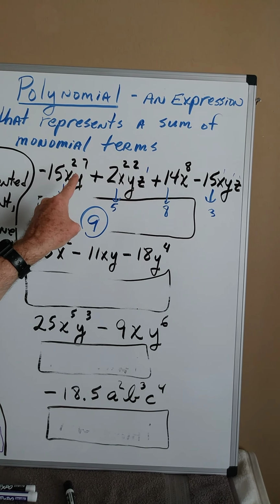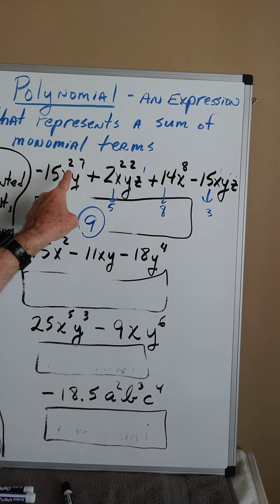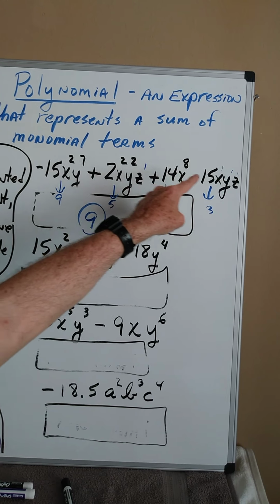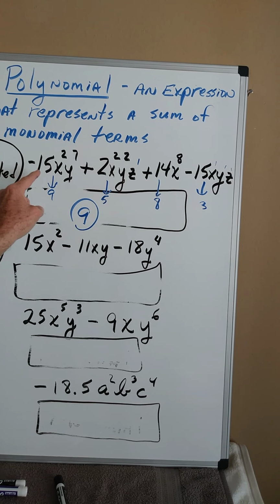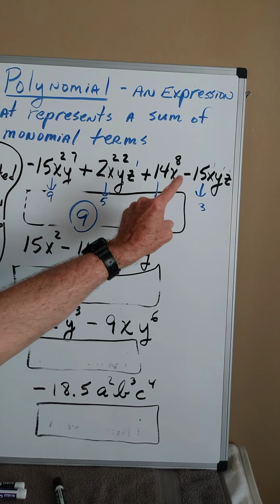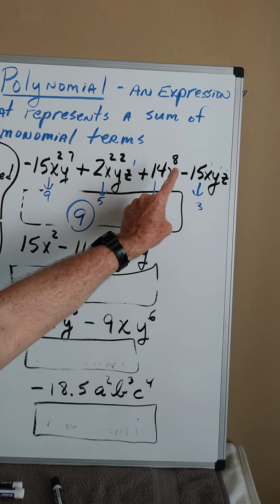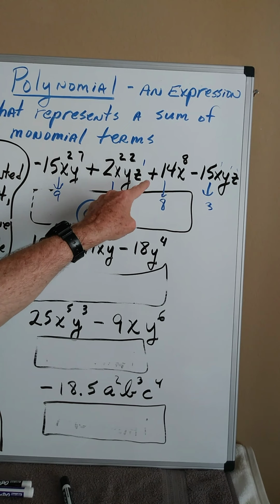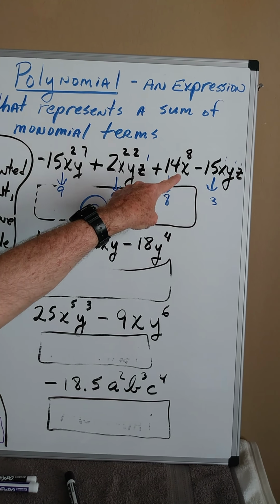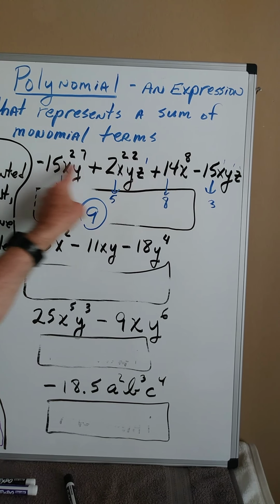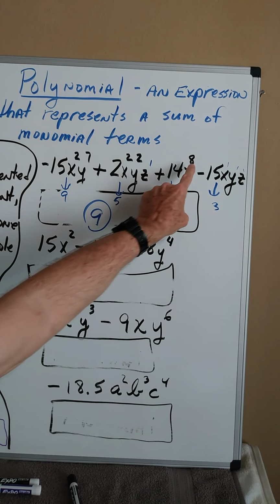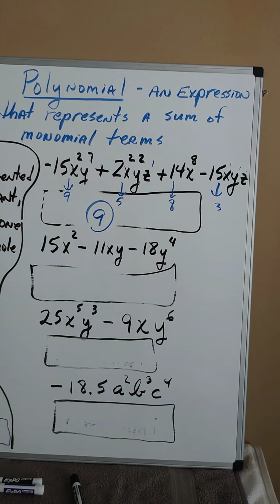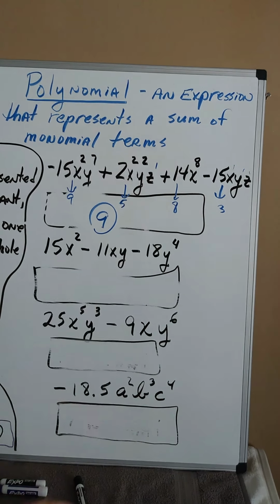And the mistake that a student will make is they'll make a quick survey of this polynomial, and they'll see the greatest exponent value is 8. So they will sometimes instinctively say that the degree of this polynomial is 8 because it is the largest exponent value that they see amongst all of the terms.